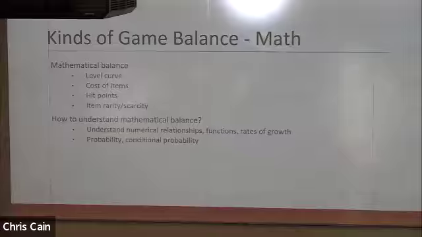We need to understand probability and conditional probability in order to understand, given that the player is in this area, how long do they need to farm in order to acquire this item for the first time on average? Maybe that dictates the drop rate of the item. How many battles do we want the user engaging with? If they run through the level, how many battles do they engage with?